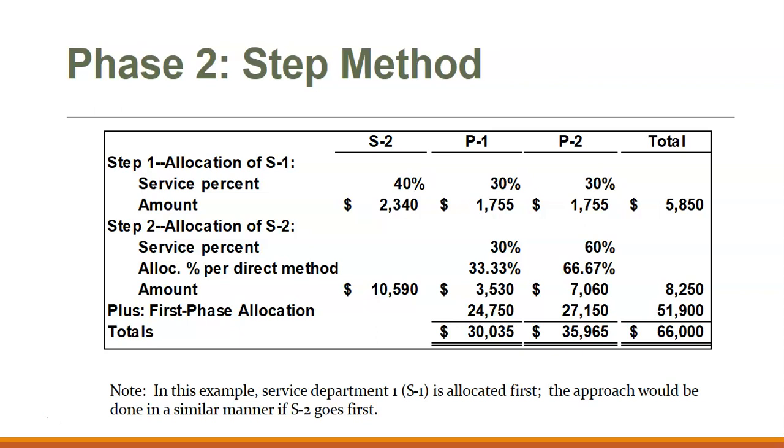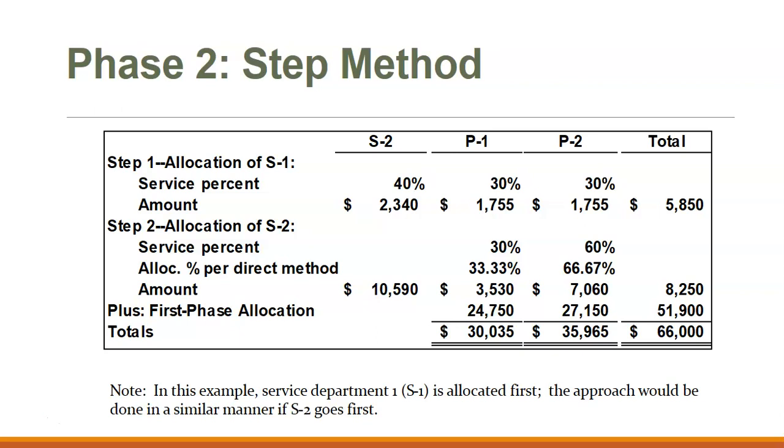Instead of just directly allocating those departmental costs based on percentage of use, as in the direct method, the step method allocates all of one department first and then allocates all of the second department based on usage.